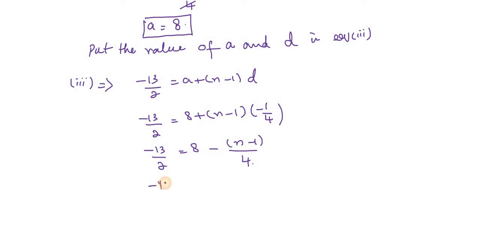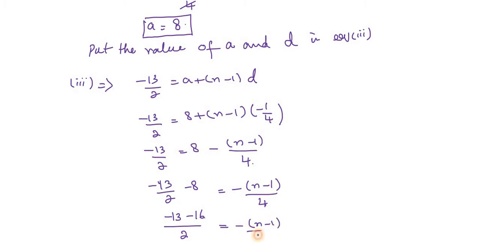Okay, now minus 13 upon 2 minus 8 is equal to minus n minus 1 upon 4. We take LCM 2. So minus 13 minus 16 is equal to minus n minus 1 upon 4.